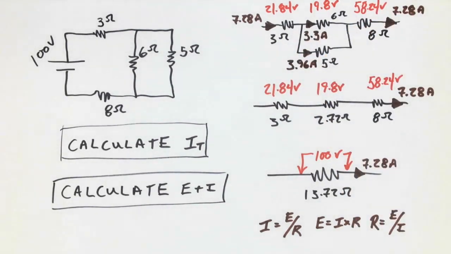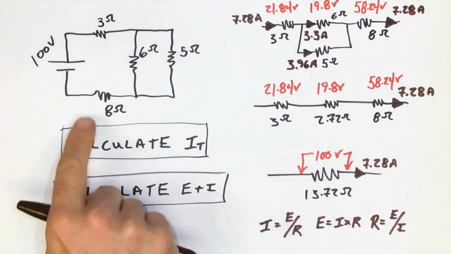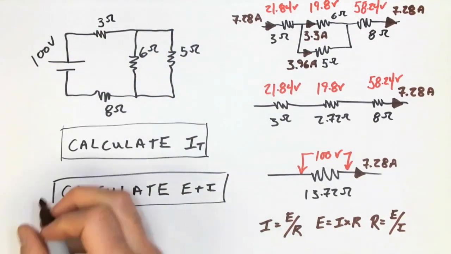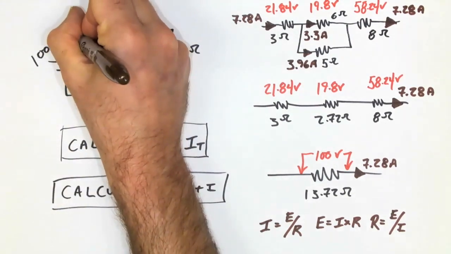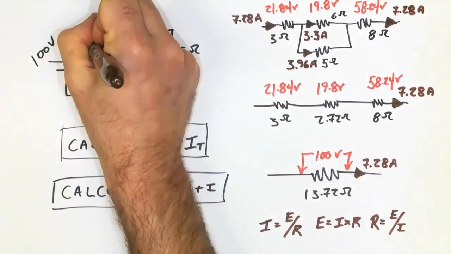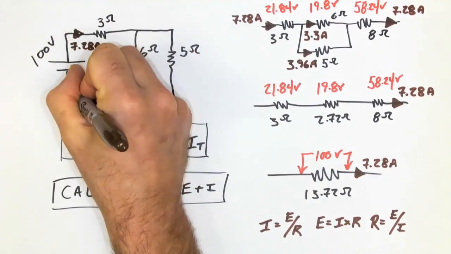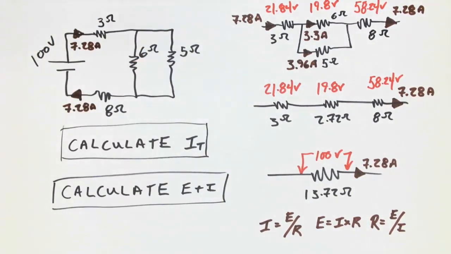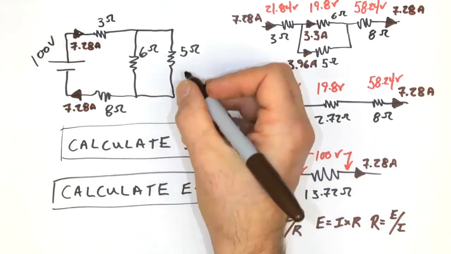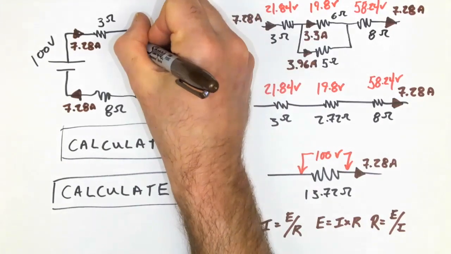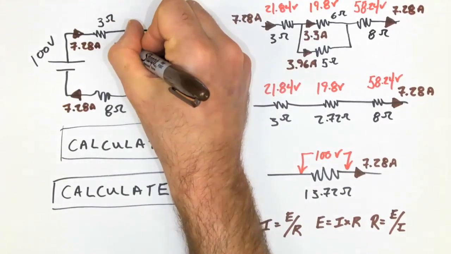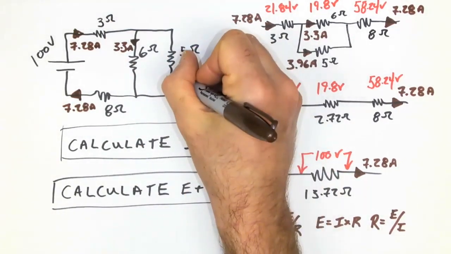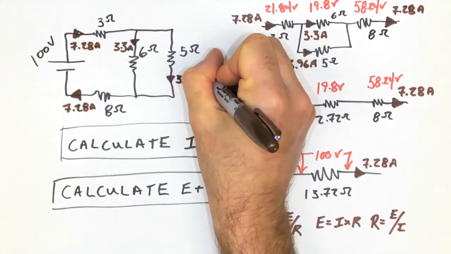And so finally, we can go back to the original diagram and fill out all of the information for each one of those resistors. We have 7.28 amps present in two places, which makes sense. Whatever current goes out must come back. We have a current value of 3.3 traveling through the 6 ohm resistor, and a current value of 3.96 through the 5 ohm resistor.